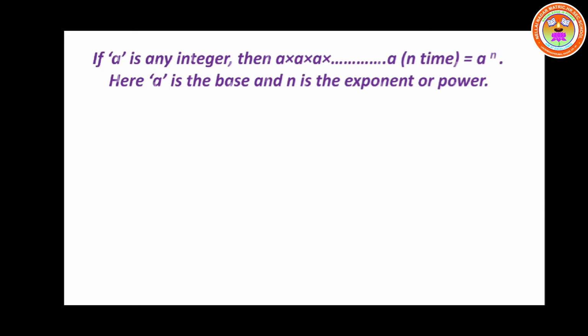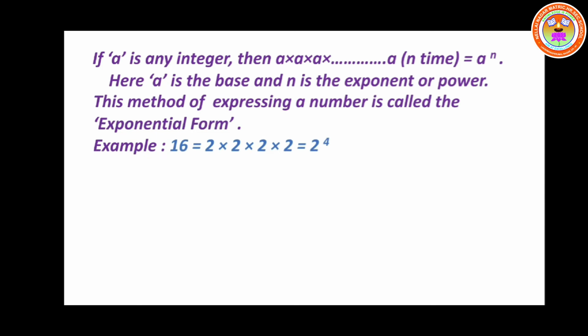Here a is the base, the place where a is present, and n is called the exponent, or the power. This method of expressing a number is called exponential form. Have you all understood, children? Sorry children, exponential form. Let us see some examples based on this.